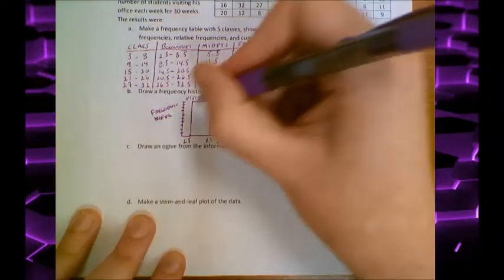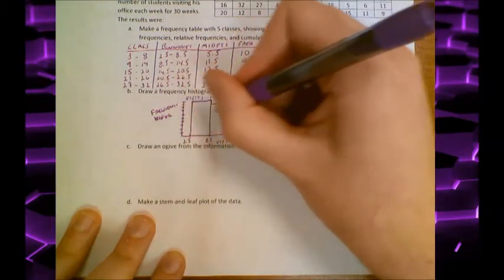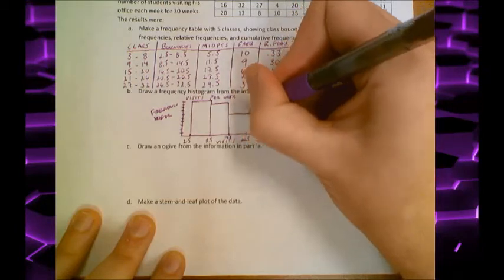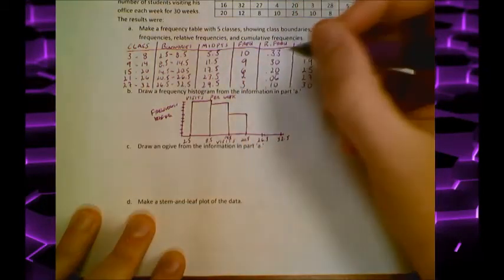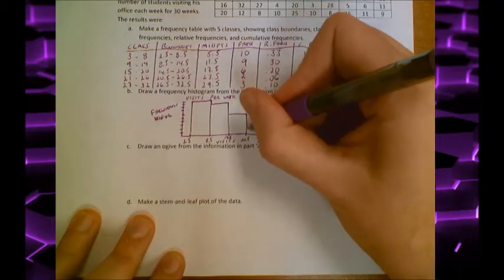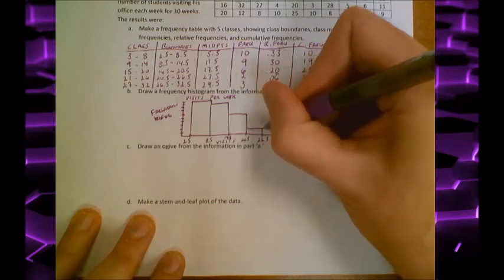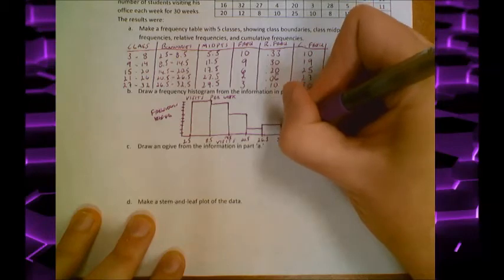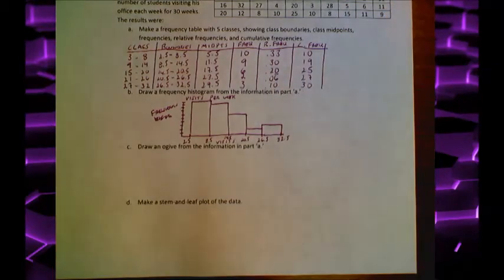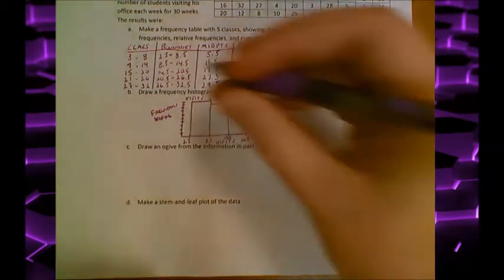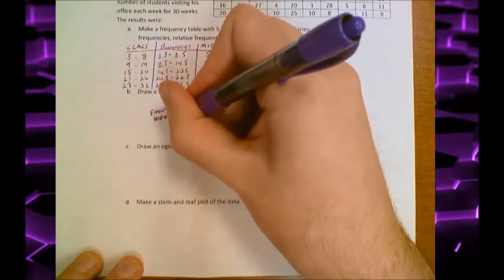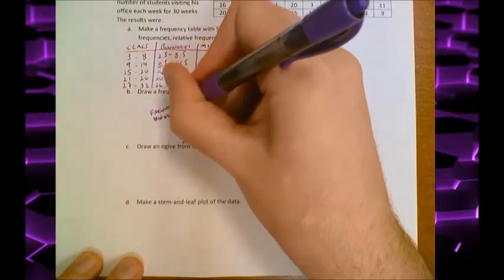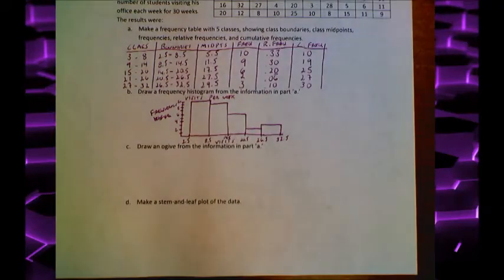And then I'm up to 6, so 1, 2, 3, 4, 5, 6, right about there. And then we go to 2. And then the last one is going to be at 3. So we get that as our histogram there. Probably have this labeled, so I'll go 2, 4, 6, 8, and 10. All right, so there's my nice little frequency histogram for it.